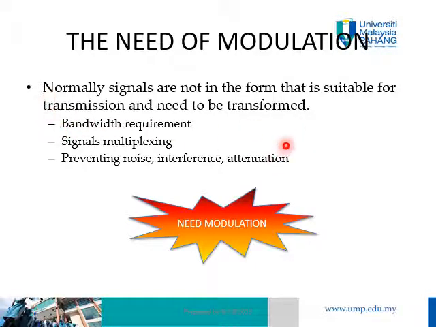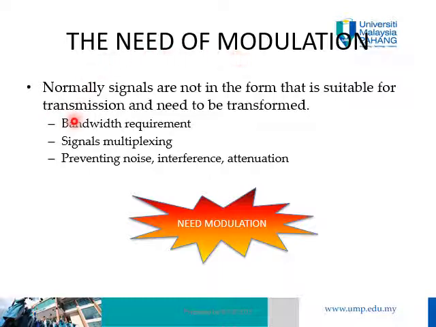So why do we need to modulate the signal? This is the reason why we need to modulate. Normally signals are not in the form that is suitable for transmission. So it needs to be modulated in order to transmit.